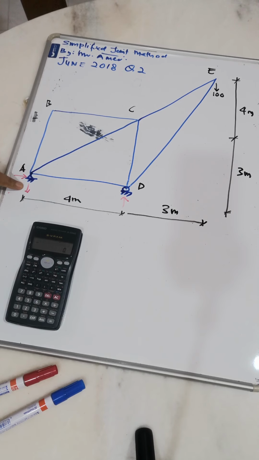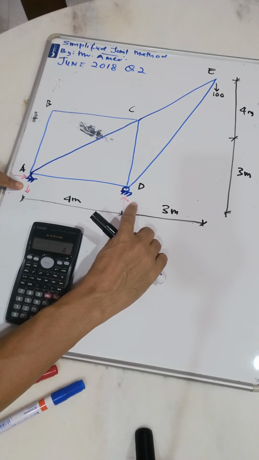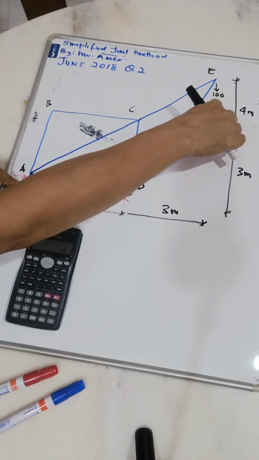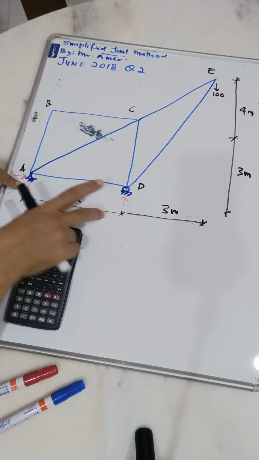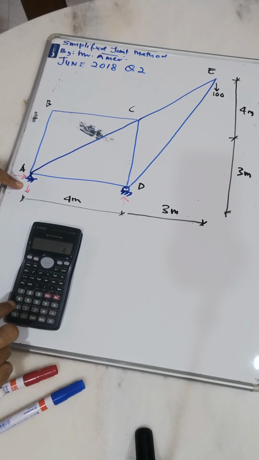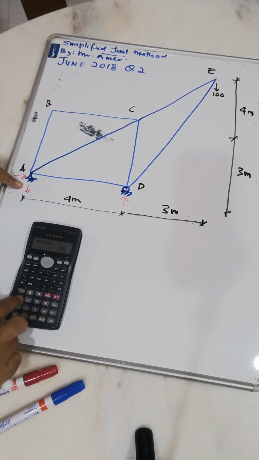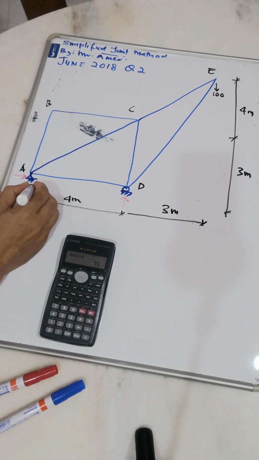To find AY, let us take moments at D. Moment at D: 100 multiplied by 3 divided by 4 equals 75. So you have 75 here.